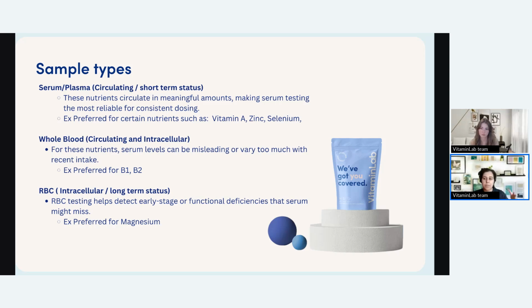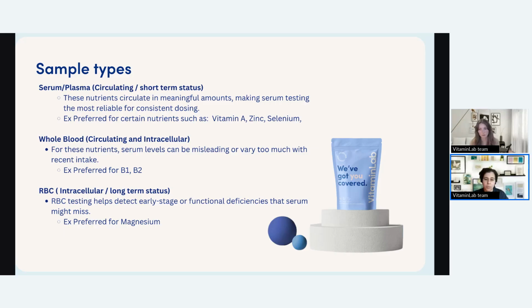And so you can upload more than one test, and we will use the best test that was uploaded to calculate the need for the specific nutrients. So for example, with whole blood, there are different nutrients and the serum levels can be misleading or a bit too much, depending on recent intake, right?